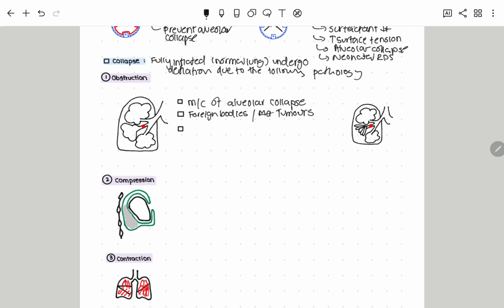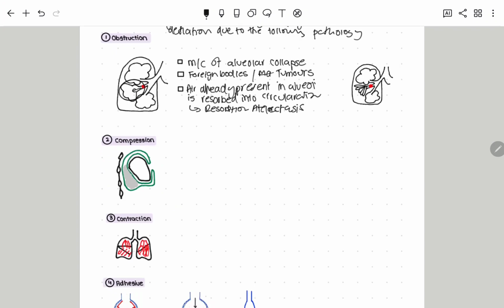And so from the pathophysiological point of view, what basically happens is that any air that is already present, distal to this obstruction, in the alveoli is resorbed into circulation, and thus this is also called resorption atelectasis.